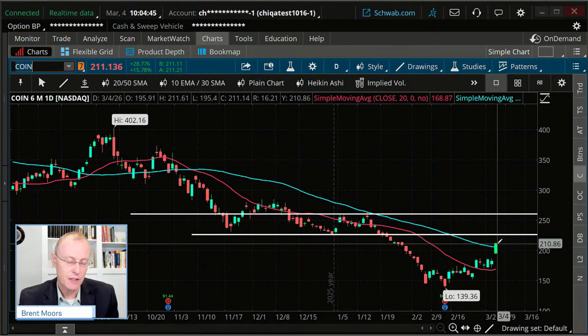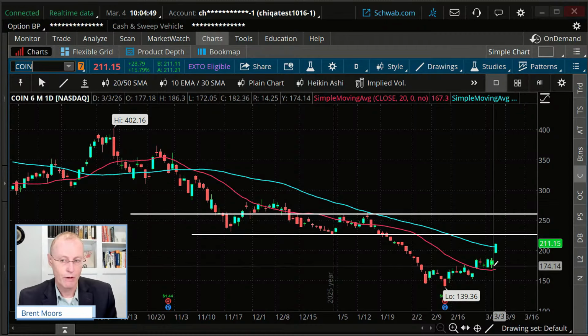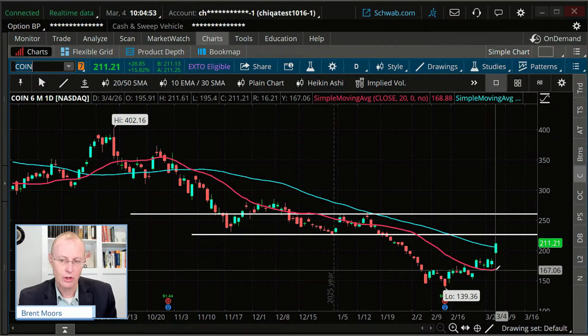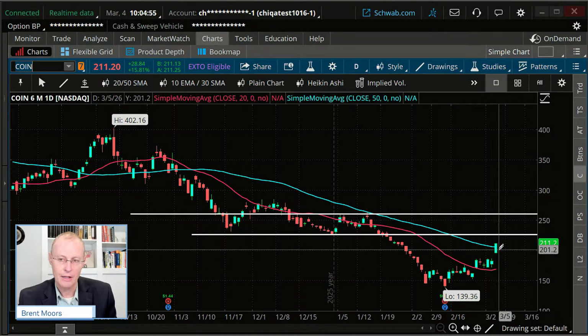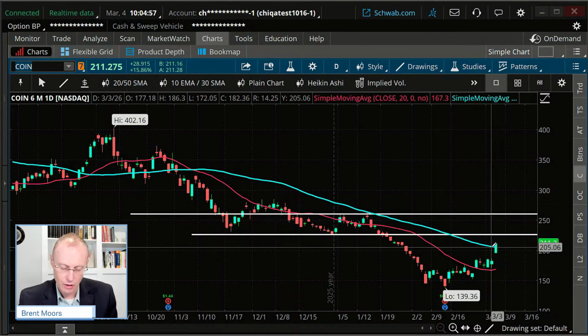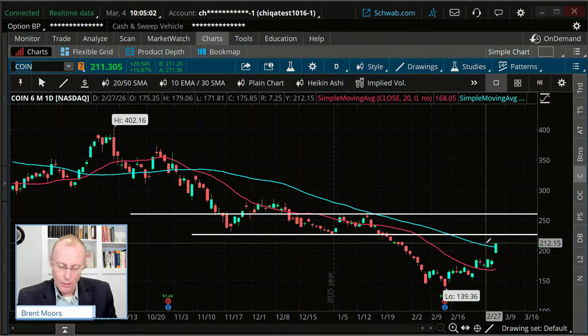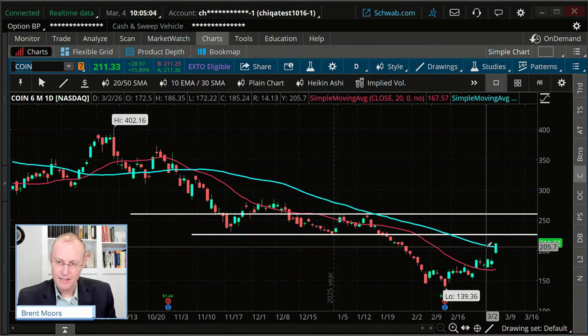We're above the 50-day moving average today for the first time in a long time. We've been above the 20-day for a few days now, and that 20-day is starting to curve up. And, nice, strong move here.